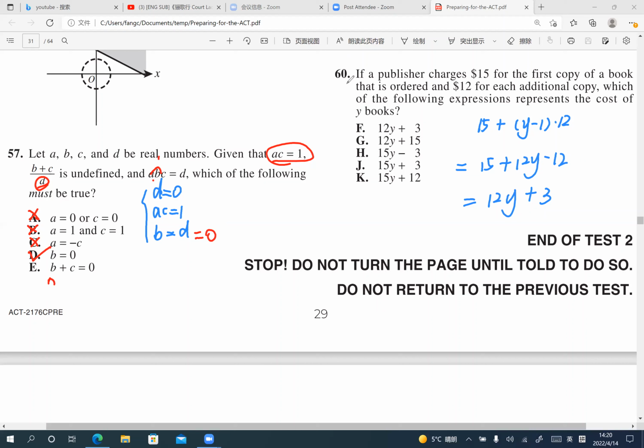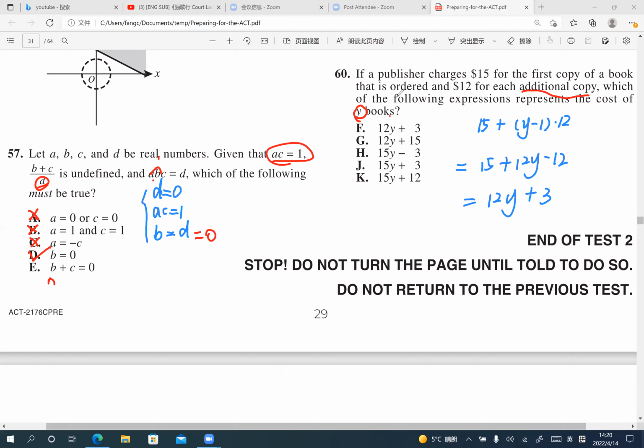Question 60. If a publisher charges $15 for the first copy of the book that is ordered and $12 for each additional copy, which of the following expressions represents the cost of y books? The question uses y to represent the number of books ordered.